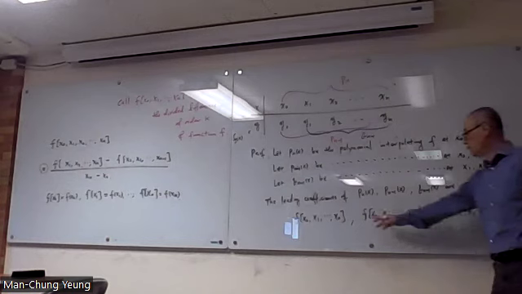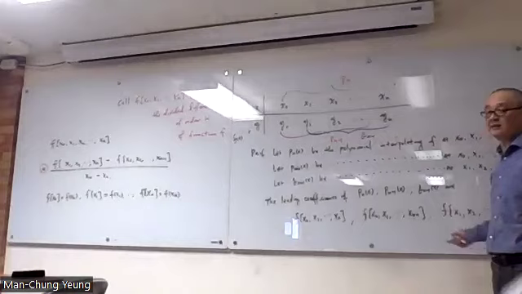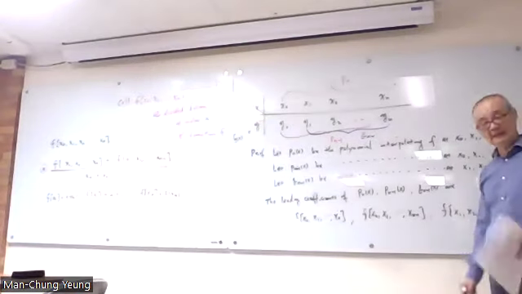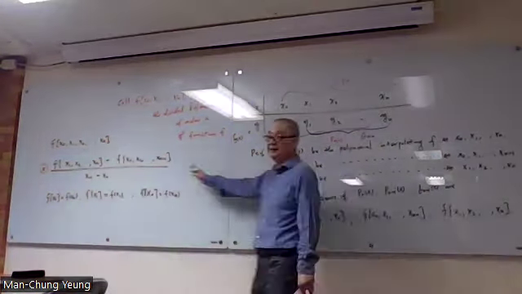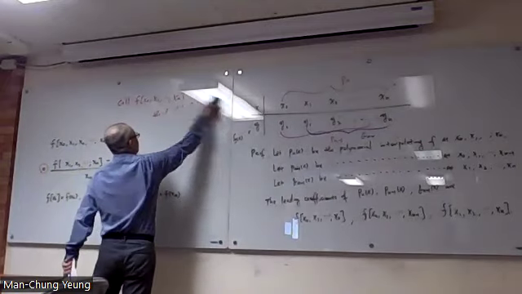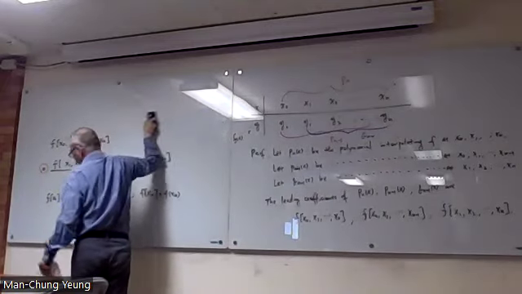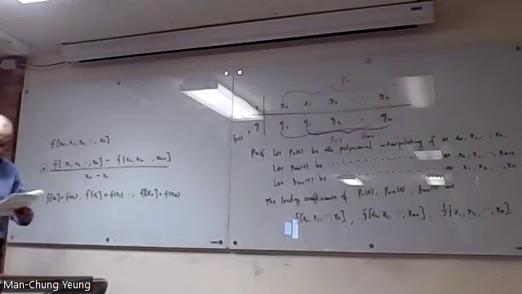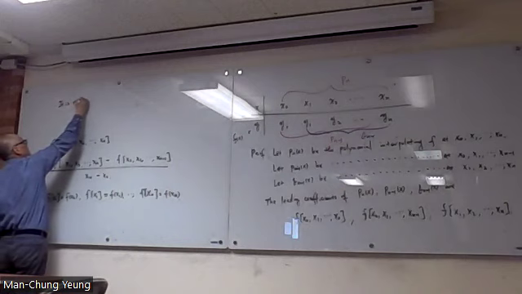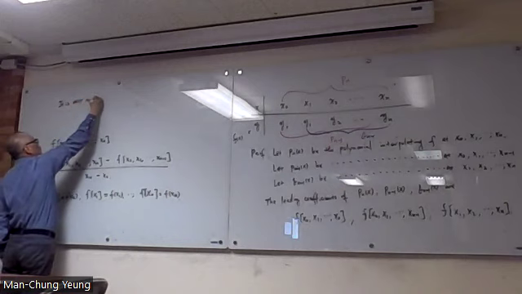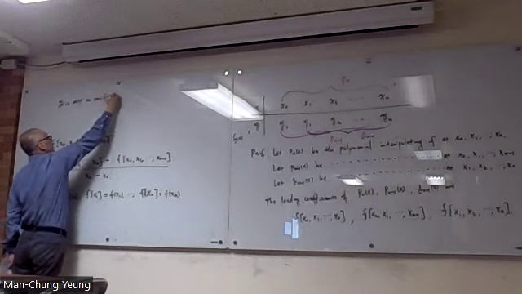Now, these three numbers, divided differences, are related by this equation. But why? The reason is easy, easy to verify.